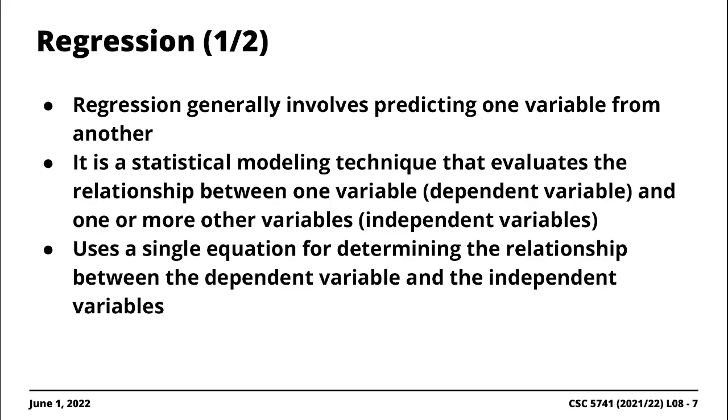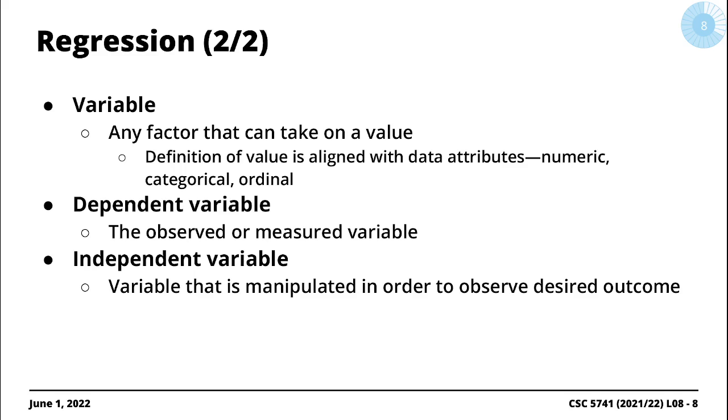You only have one variable there, and so the only thing that you'd be doing is perhaps either adding a constant to the equation itself, f(x), or maybe scaling up the variable by some constant, right? So you use this single equation really to determine the relationship that exists between the dependent variable and the independent variables.